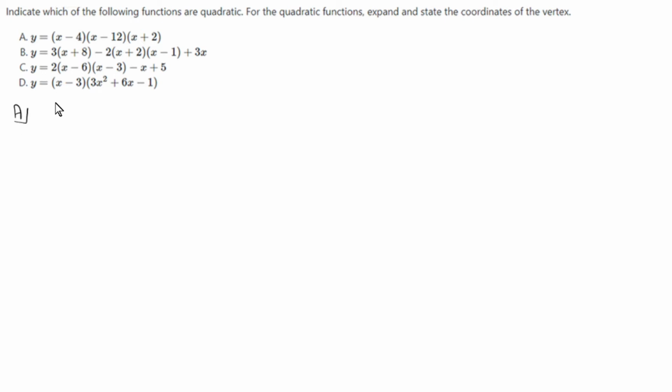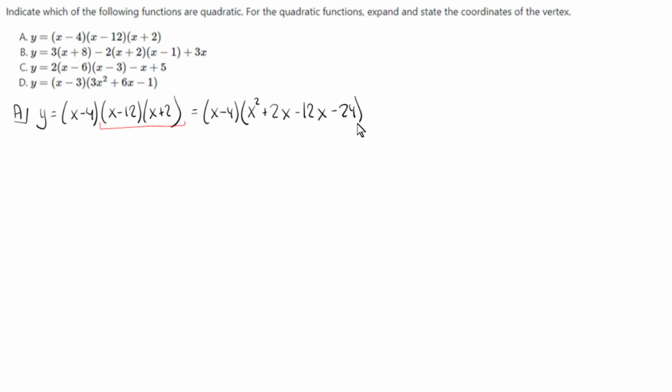So the first one is y equals (x minus 4) times (x minus 12) times (x plus 2). I'm going to expand the following two binomials first. Just using FOIL, that's going to be x squared plus 2x minus 12x minus 24.